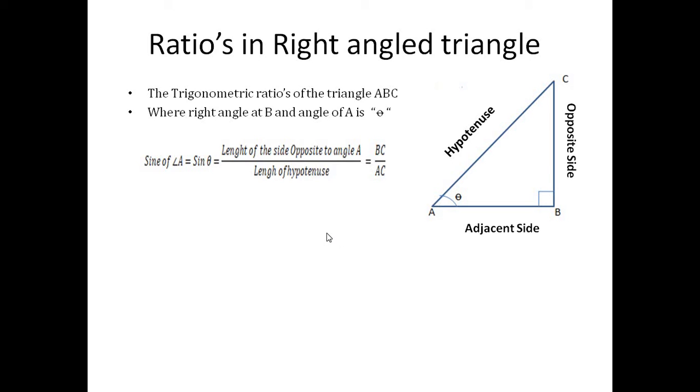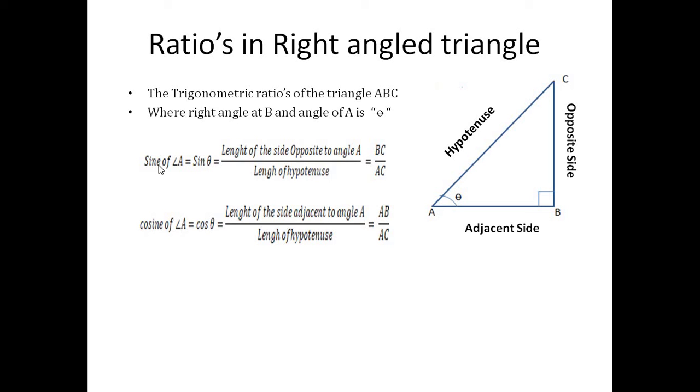Similarly, we have another ratio, that is cosine of angle A. Some people call it cosine, some people call it cos, whatever. Cosine of angle A is equal to, angle A is theta, so we can simply write it as cos theta. Whenever we work in trigonometry chapters, we will write only these names: sin theta, cos theta.